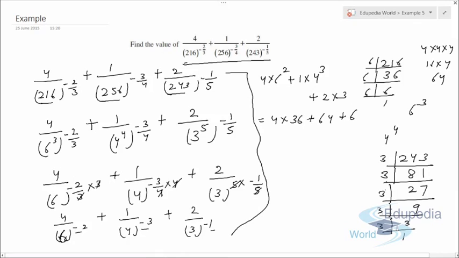Now 36 into 4 is 144 plus 64 plus 6. So when we add 144, 64 and 6, the answer will come out to be 214. So the final answer is 214.